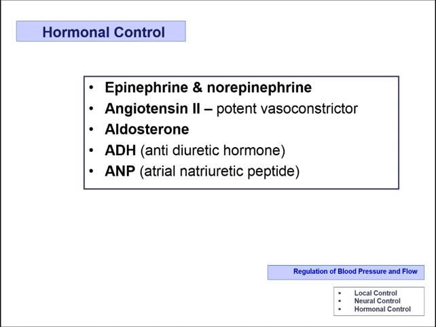What influences the volume of blood, because clearly the more blood you have, the greater the pressure pushing against the wall of the vessel, is the amount of water in the plasma of the blood. The more water you have, the greater the pressure against the wall of the vessel.